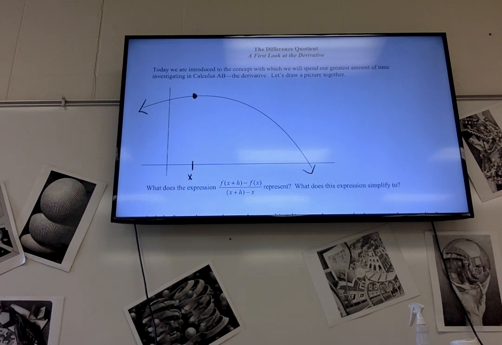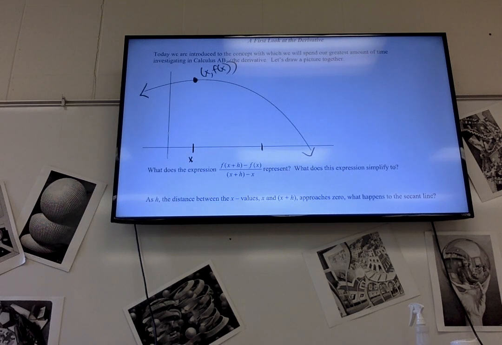And so this actual point is x coordinate and then f of x, because I don't know what the y coordinate is. And then I'm going to move over h. So this point is x plus h. And it corresponds to this point, which is x plus h and f of x plus h.